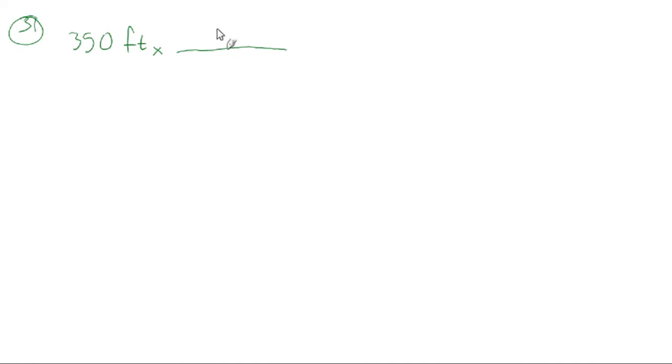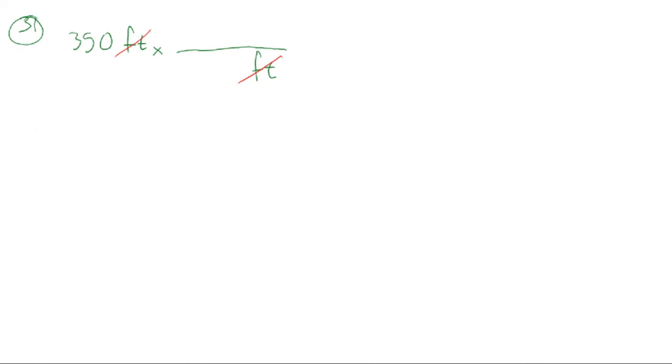If I multiply by 5 over 5 or 10 over 10 or 7 over 7, it hasn't changed what this is worth. It's worth the same amount. And so what we're going to do here is multiply it by a convenient form of 1. And why it's convenient is because the denominator is feet, so we cancel out this unit of feet. So we can just go ahead and know that's what's going to happen.